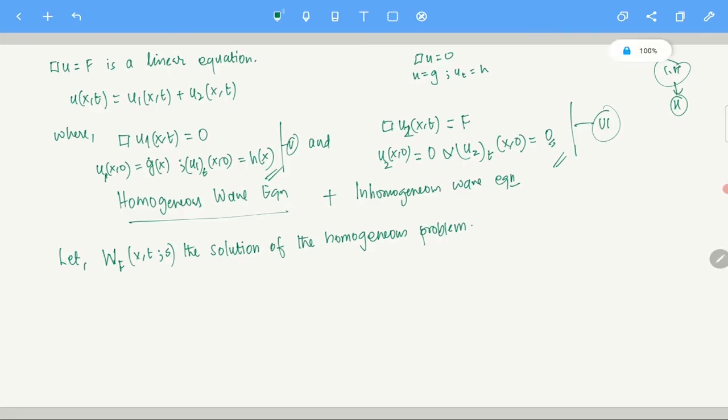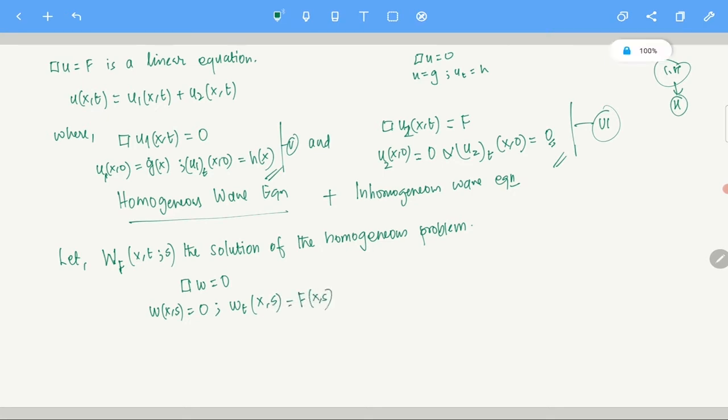So let W_F, capital F, of x, t, s be the solution of the homogeneous problem. Which homogeneous problem? The D'Alembertian of W is 0, and W at t equals s is 0, and W_t, the derivative with respect to the time variable t at t equals s, is given by capital F of x, s.